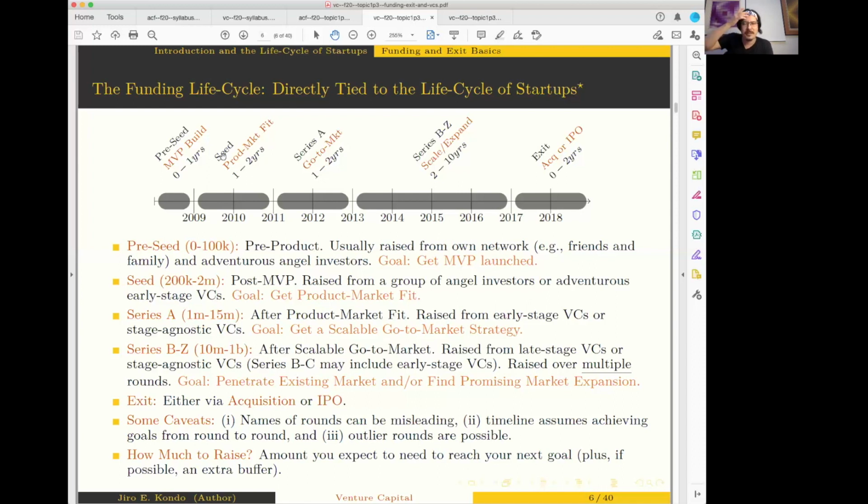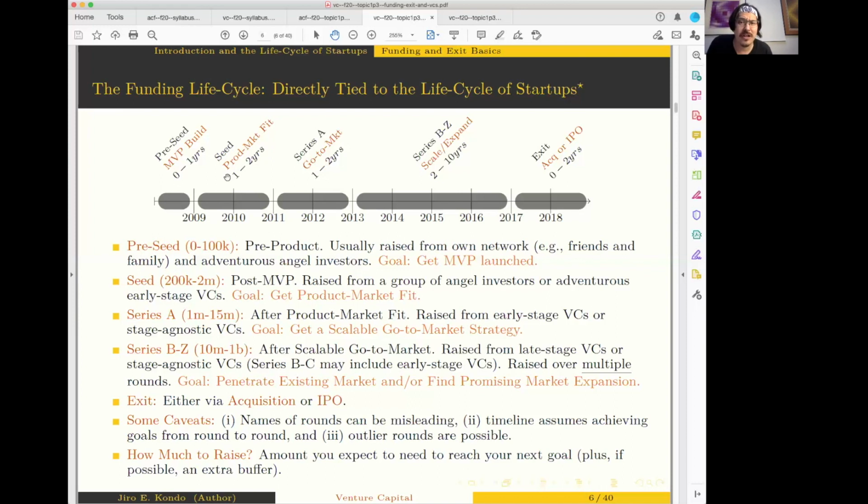Once you get to much later rounds, you don't necessarily raise 50% more than you think. You'll go a little bit less. Here I'm being super anecdotal, but let's call it 10 to 25% more. But in the early rounds you raise 50% more, because you're also more likely to be overconfident early on, since you're operating with so little data. So there's a bunch of rationalizations for a lot of these things. But yeah, seed stage, usually a search for product market fit.